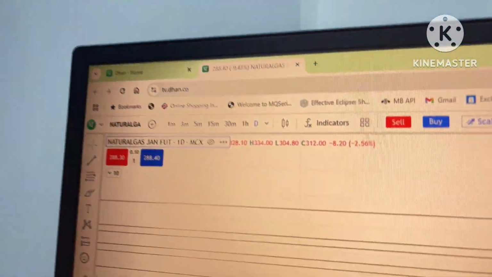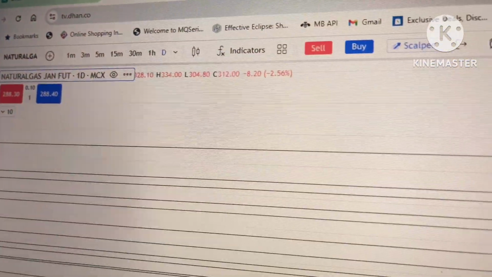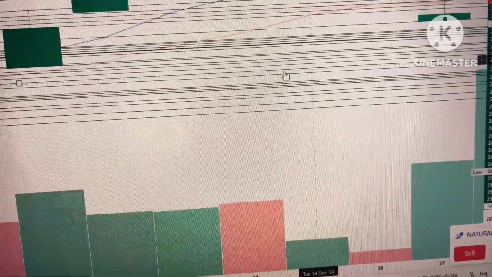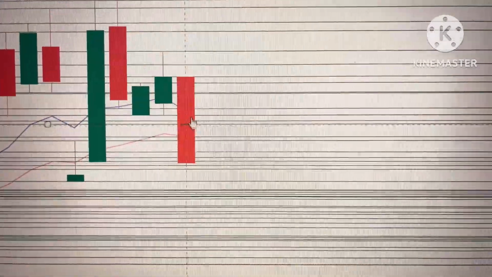the previous candles. Now we will go to the 5-minute chart. But before that, one more thing we have to do here is the first candle, yesterday's candle, I mean Friday's candle.